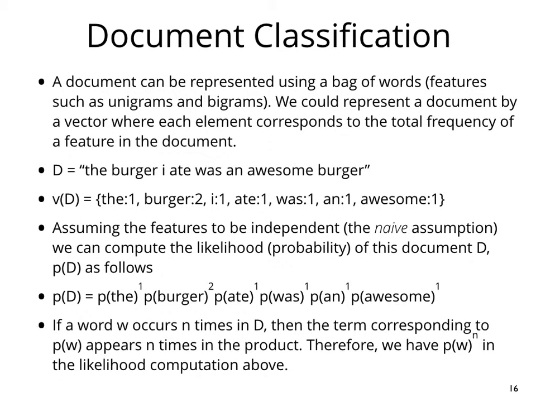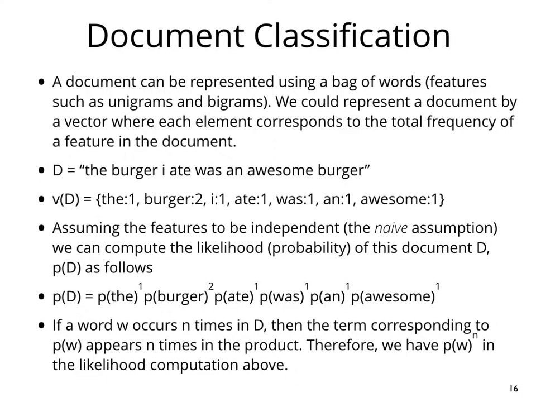So we can use the naive Bayes classifier to do text classification. For example, if you want to do sentiment classification, we can use the naive Bayes classifier. We'll represent each review or sentence by this frequency vector. The naive Bayes classifier assumes all features to be independent.